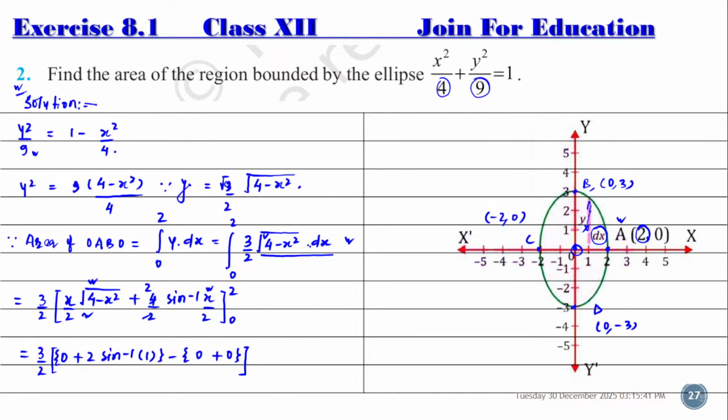After the simple calculation, we get here 3 by 2 into, we know that sine inverse 1 equal to pi by 2, so we write down here into 2 into pi by 2.